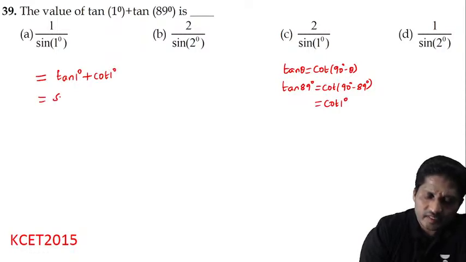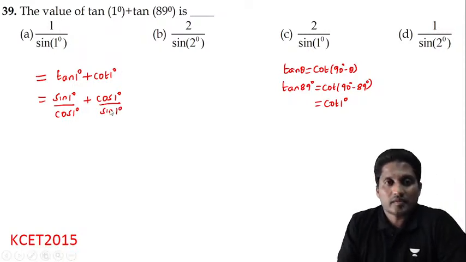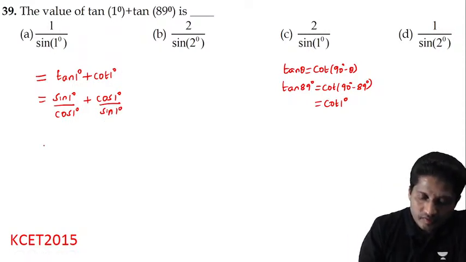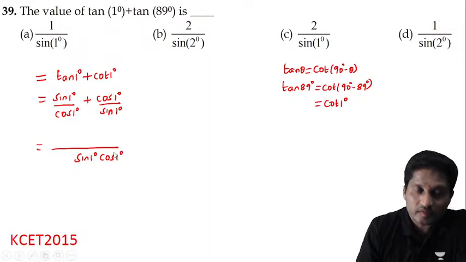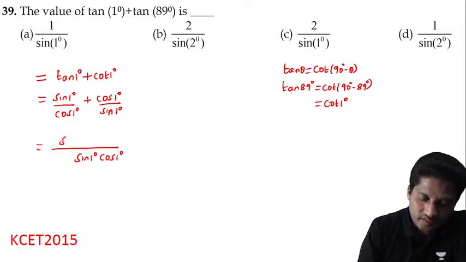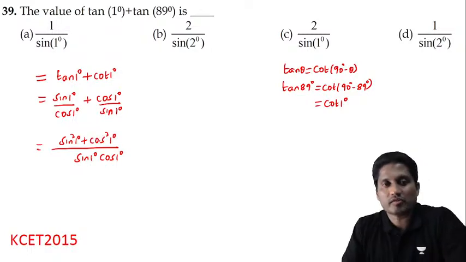And tan 1 can be written as sin 1 by cos 1. Cot 1 can be written as cos 1 by sin 1. Okay, now this is equal to, LCM is sin 1 into cos 1. If you cross multiply, this is sin square 1 plus cos square 1. Sin square theta plus cos square theta is 1.